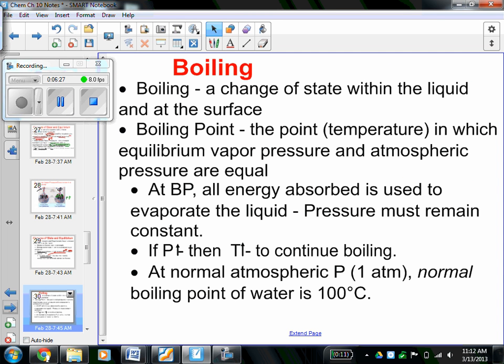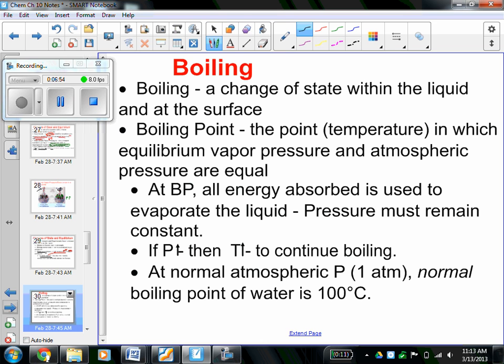Now, what about boiling? Everyone thinks, and I did too, that boiling has to do with temperature, but it really doesn't. Boiling is a change of state within the liquid at the surface. And the boiling point is the point at which equilibrium vapor pressure and atmospheric pressure are equal. Okay. So notice there's no mention of temperature; it's the point at which the equilibrium vapor pressure and atmospheric pressure are equal.